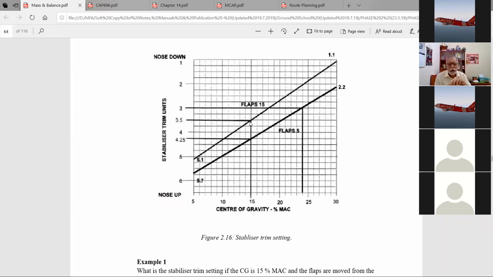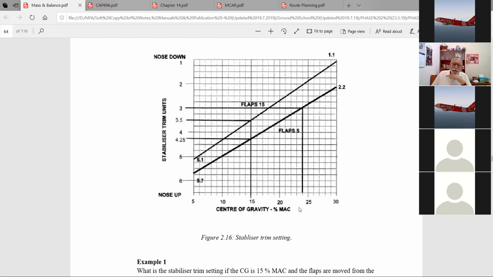So for takeoff, I need a little more lift, so I will lower my flaps to 15 degrees that day because of various constraints, and I have to change my trimmer setting to 3.5 nose down. So this is the graph that we use for calculation of my trim position, depending upon MAC and flap selection.